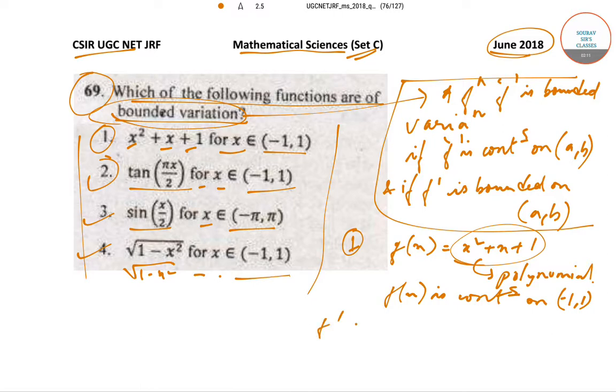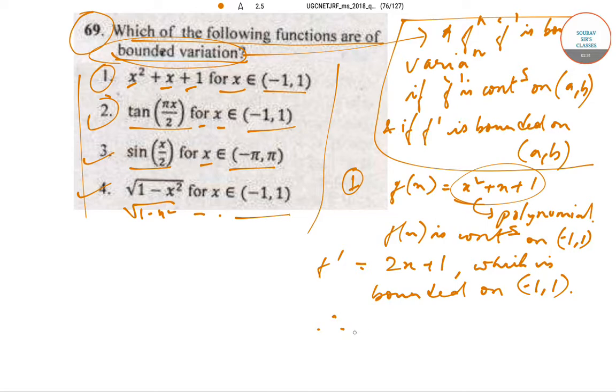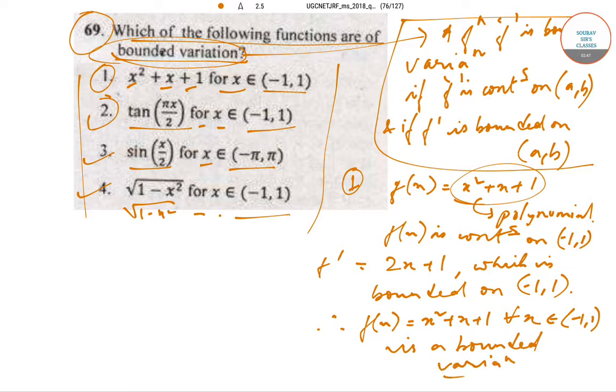And now if we find f dash, it is equal to 2x plus 1, which is bounded on minus 1 to 1. Okay, this we also know. So therefore f of x equal to x square plus x plus 1 for all x belonging to minus 1 to 1 is of bounded variation. So option 1 is correct.